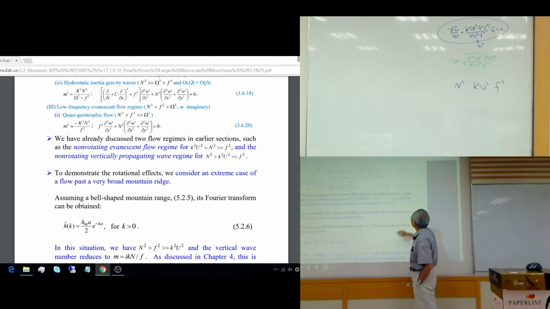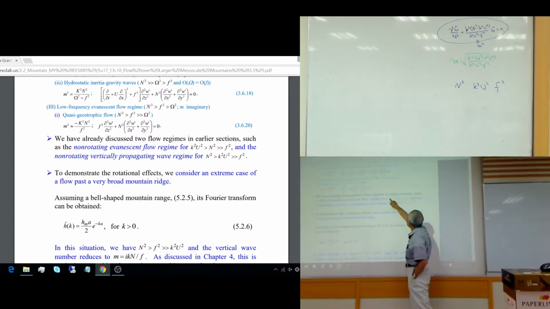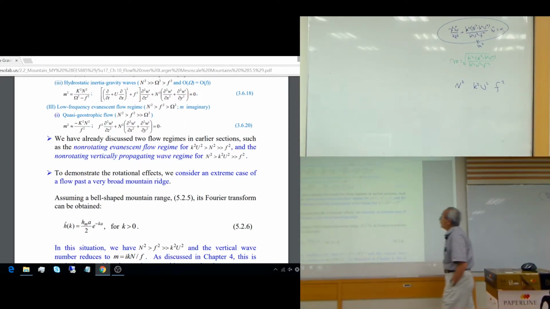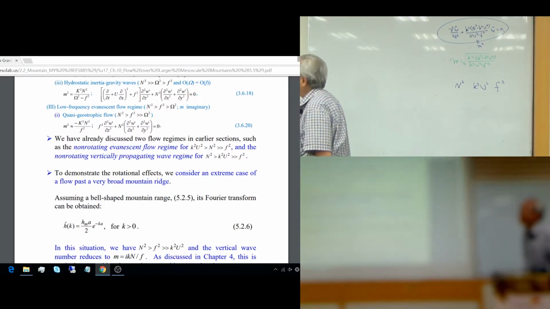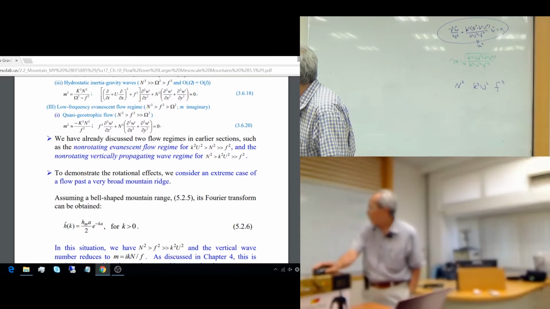Because when it's much greater, that means it is not important. When these two terms, no matter whether they're greater or smaller, are both much greater than f squared, f is not important. So that's what we did before, non-rotating evanescent flow and non-rotating vertical propagating wave regimes.